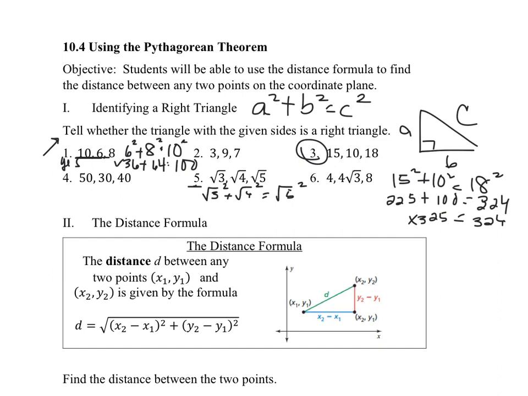So if I take square root of 3 times square root of 3, I get the square root of 9, which is 3. Square root of 4 times square root of 4 is the square root of 16, which is 4. Square root of 5 times square root of 5 is the square root of 25, which is 5. And no, 3 plus 4 is not 5, so these cannot be your measurements for a right triangle. You could do the same thing with the other 3.